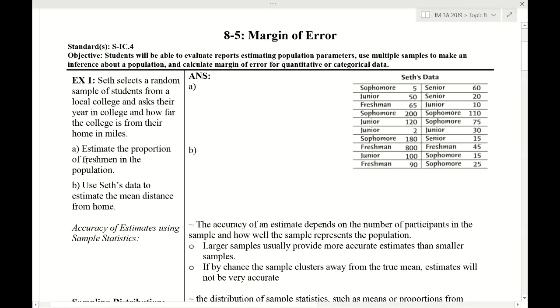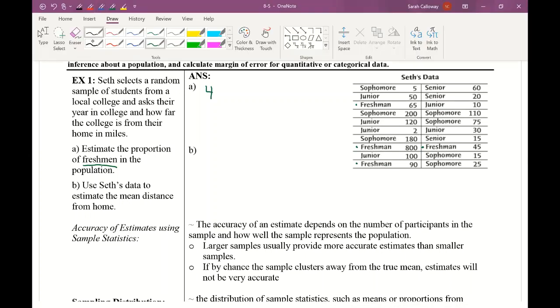So if we're looking at the proportion of freshmen in the population, all we really need to do is count how many freshmen there are. So in the sample, there are 1, 2, 3, 4 freshmen. So we're going to take 4 out of how many people are in the sample.